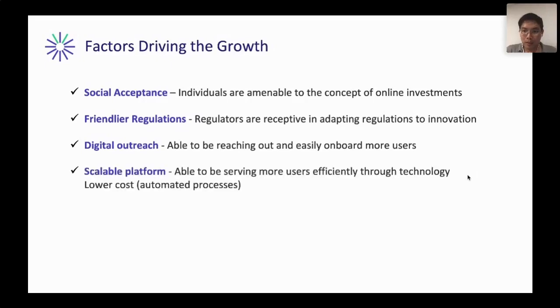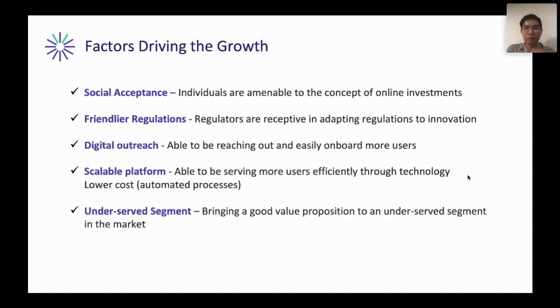Next, automated processes lead to lower costs in serving investors. This allows platforms to help a larger number of investors with smaller check sizes at scale, as opposed to traditional fund management, which serves a smaller number of institutional investors with larger check sizes. So these are some of the structural drivers of the growth.